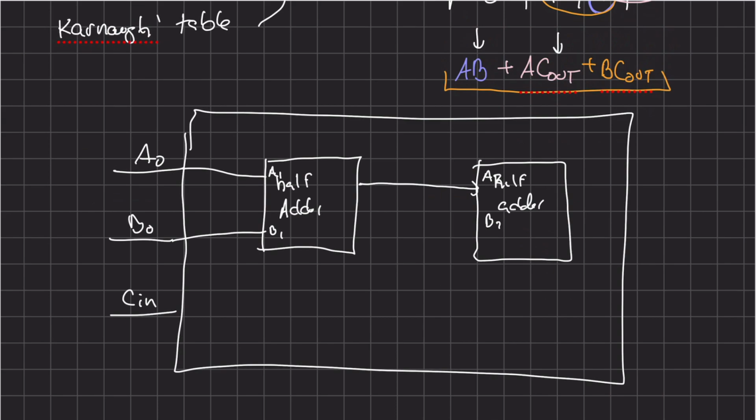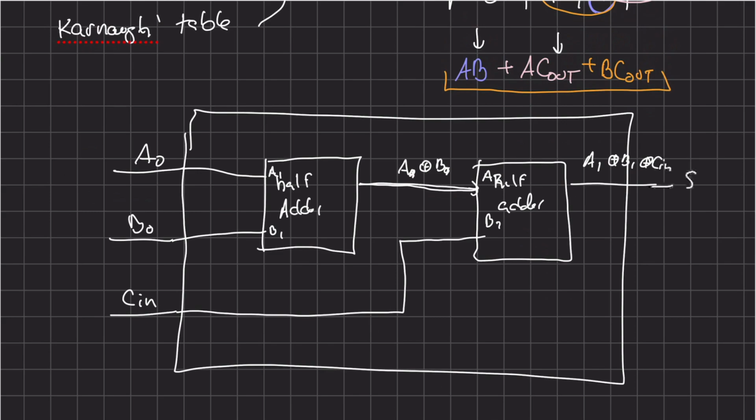So what do we have here in that signal? We have A0 XOR B0, or in fact A1, B1, but you see my point. Now I take the Cin here and put it in the B1 here, B2. What do we have at the end? A1 XOR B1 XOR Cin. So this is our sum. Everything's worked fine.